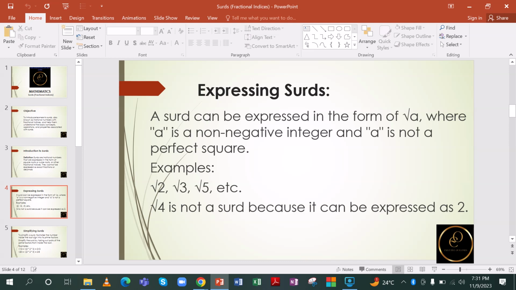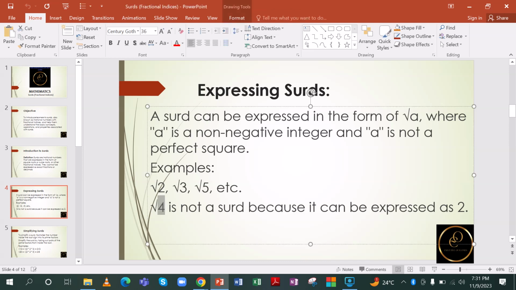So 4 is a perfect square because when you find the square root of 4, it gives you 2. Even if you put the square root of 16, it will give you 4. That is a perfect square.